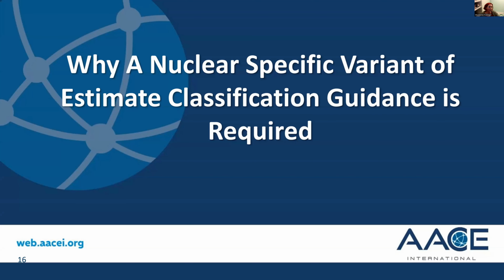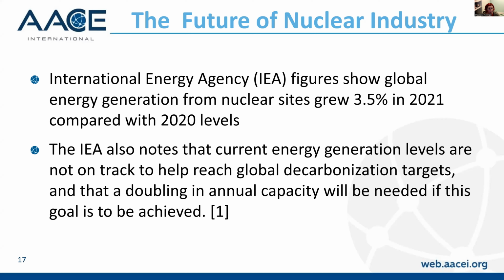So why was a nuclear specific variant required? Well, let's look at the future of the nuclear industry. We've seen that global energy generation has increased in 2021 as compared to 2020. We also know that the current energy generation levels are not on track to meet our global decarbonization targets, and we're going to need to increase our capacity.